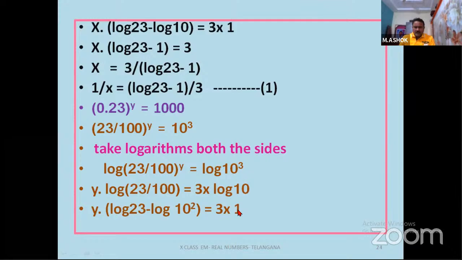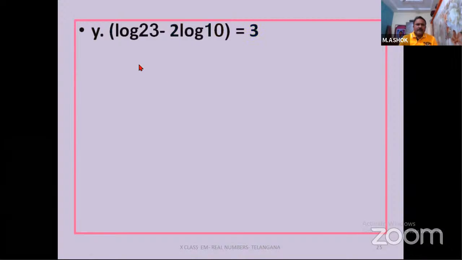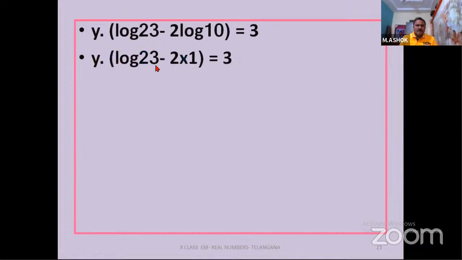Okay. Now y into log 23 minus log 10 square, that is 2 into log 10, is equals to 3. So y into log 23 minus, we know log 10 value is 1. So it is 2 into 1 is equals to y into log 23 minus 2 into 1, 2. So in order to find 1 by x minus 1 by y value, from here collect 1 by y value.